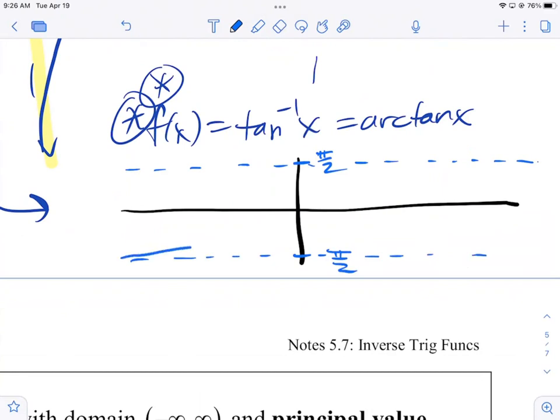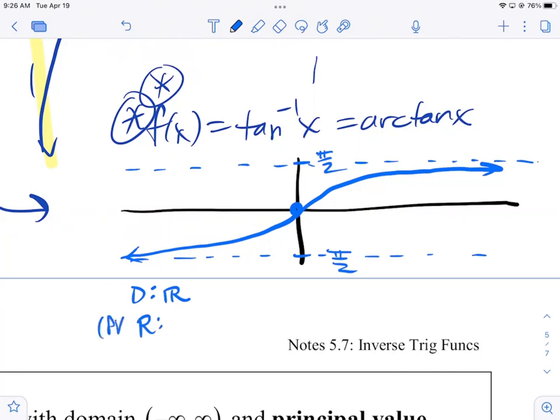And then the graph looks like this. This one you do need to know. This is the graph of inverse tangent. What is the domain of inverse tangent? Real numbers, right? That's what the range of tangent was. And then what's the range of arctangent, also called the PV range, the principal value range?